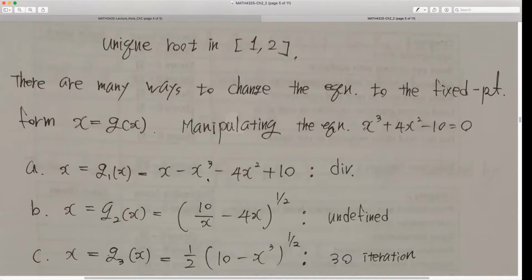Then we see x equals g of x. If we define function g, then that function must satisfy that g of x minus x must be 0. Once we define g like this and subtract x from it, you see that, that should be 0, right?